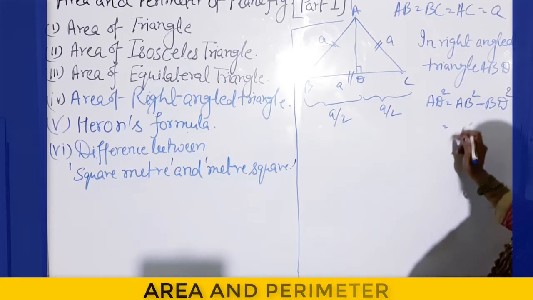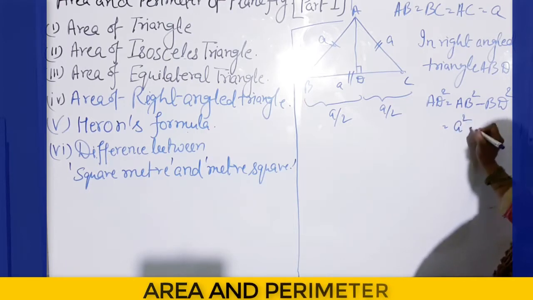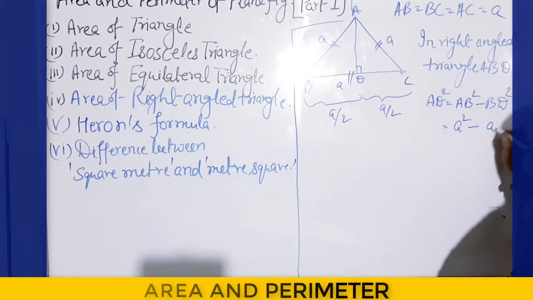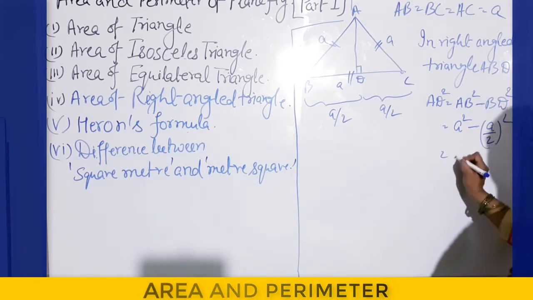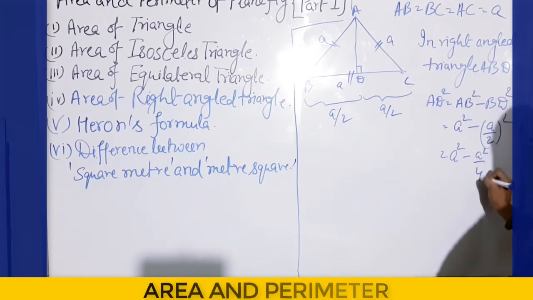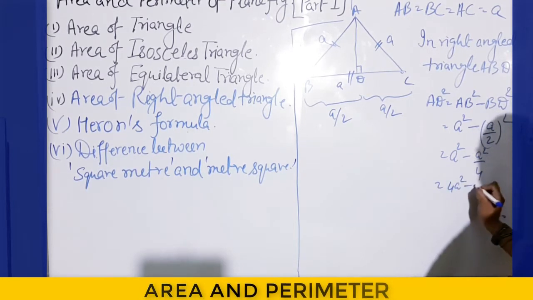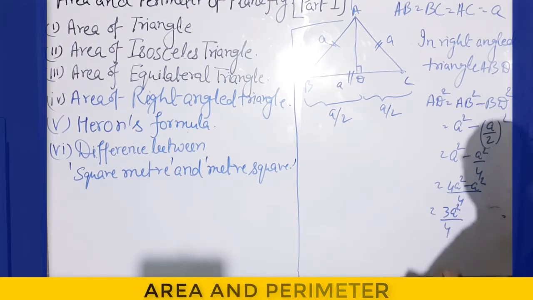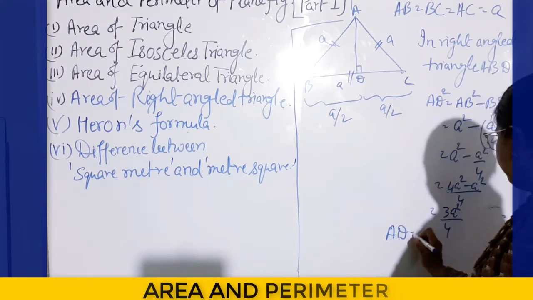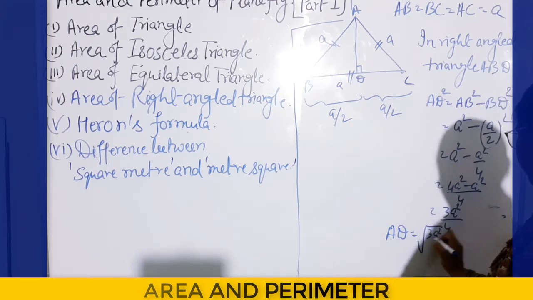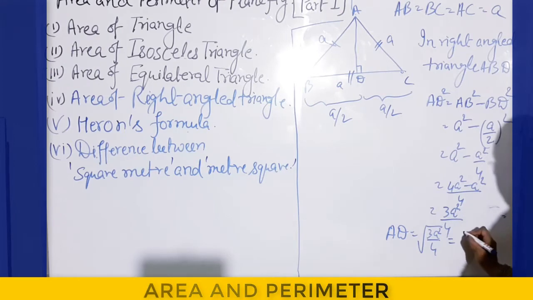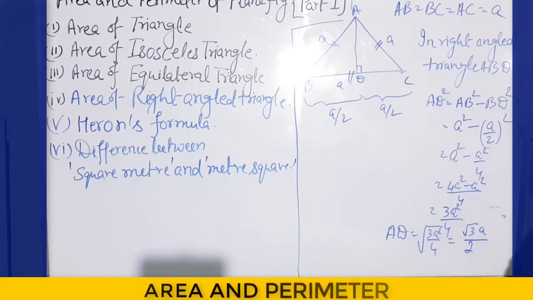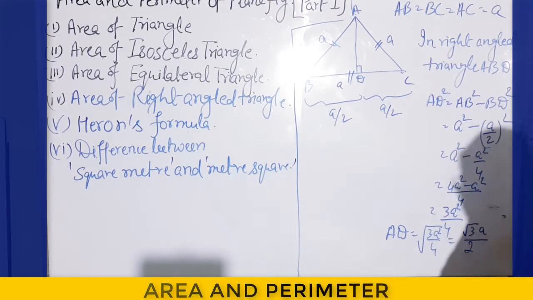That means AD square is equal to a square minus a by 2 whole square. It is a square minus a square by 4. That means 4a square minus a square by 4. It means 3a square by 4. And so AD is equal to root under 3a square by 4. That means root 3a by 2 is the height.